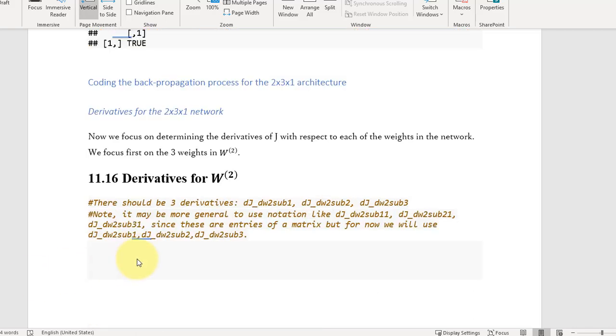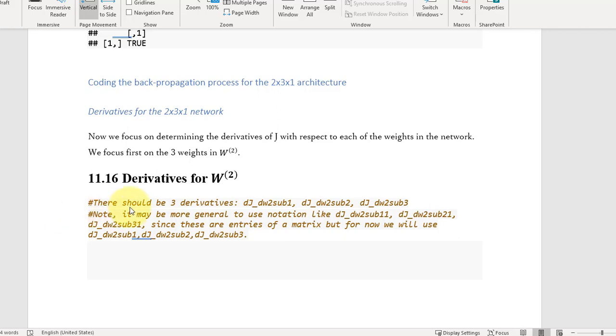So that's what we have to work on now, the derivative. We'll work first on the weights in W2, and then on the weights of W1. In W2 there are 3 weights, and so there should be 3 derivatives: dJ dW2 sub 1, dJ dW2 sub 2, dJ dW2 sub 3. We need to know all of those.